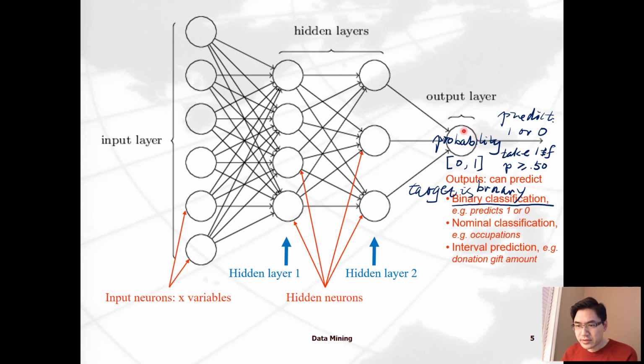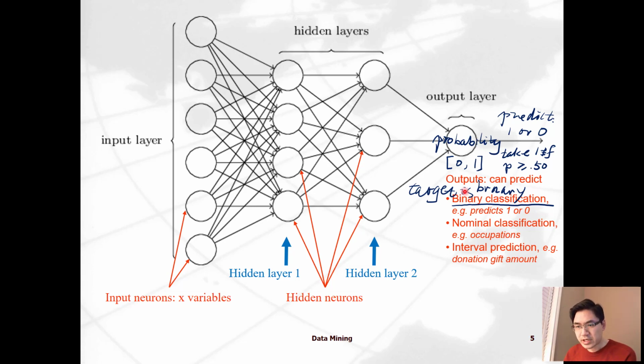But what if it's not binary classification, but multi-category prediction? Then it will have as many output neurons as there are discrete labels in the target variable.